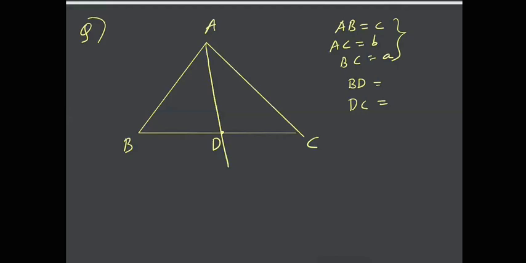You need to find BD and DC in terms of small a, small b, and small c. It is given that AD is the angle bisector.